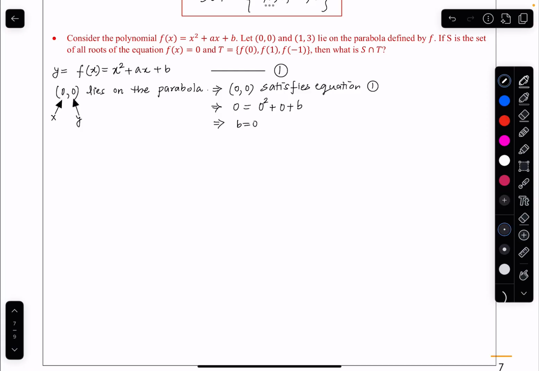Then the second point we have been given is (1, 3). (1, 3) lies on the parabola, so it will satisfy equation 1.